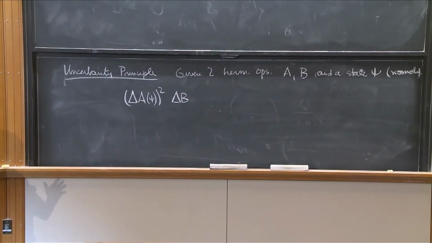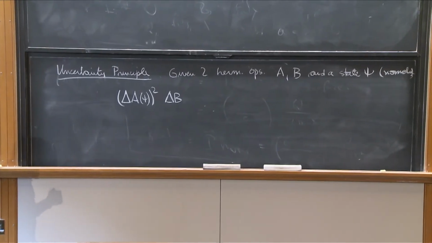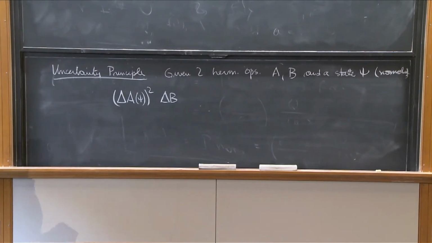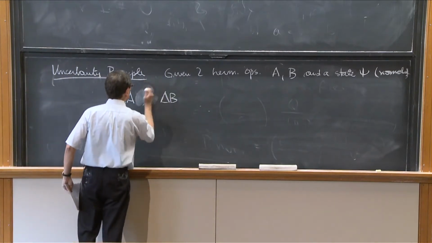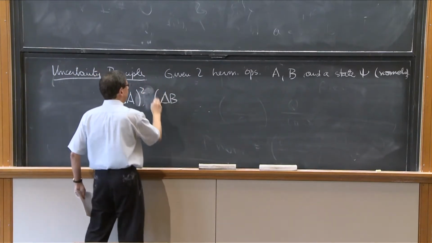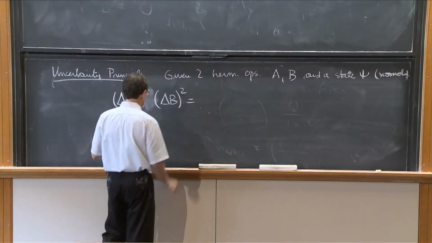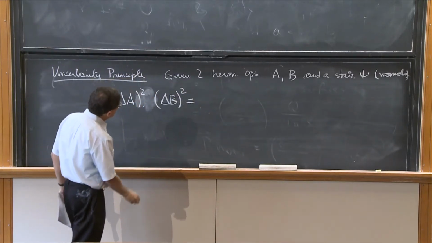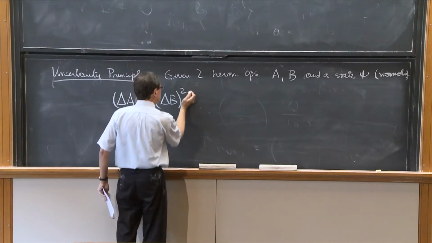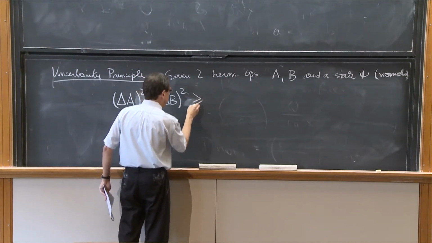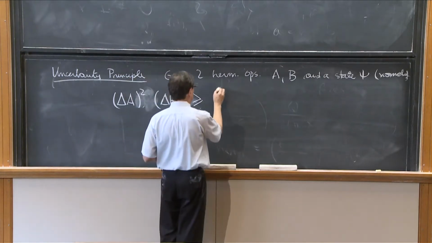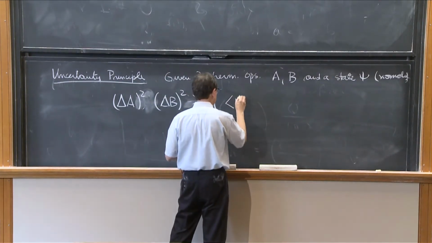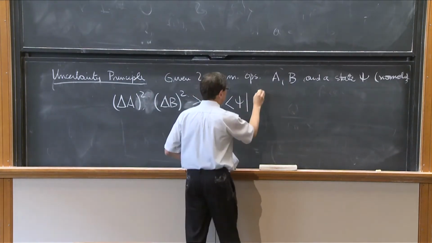Each time you have an uncertainty, you are talking about some specific state that should not be forgotten. So maybe I'll erase it to make it look a little nicer. Delta B squared. Now, it's an inequality, not just equality. That product of uncertainties must exceed a number, a computable number, which is given by the following thing.